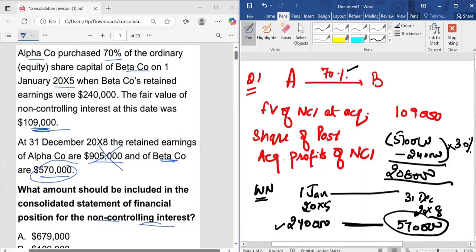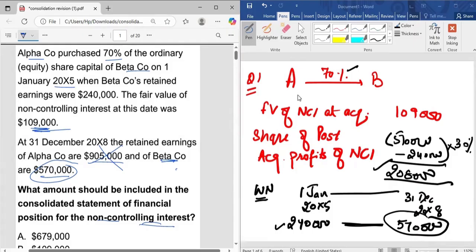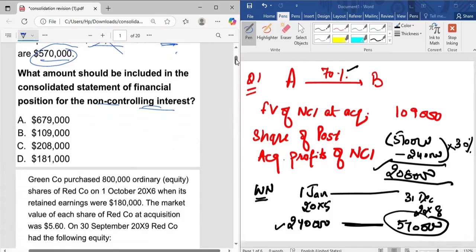So when you add 99,000 to 1,09,000, you'll get 2,08,000 as your figure. Okay, this is the total NCI at the reporting date, which is 31 December 20x8. See, here we have 2,08,000. So this is our correct answer, right? Now let's move on to the second question.